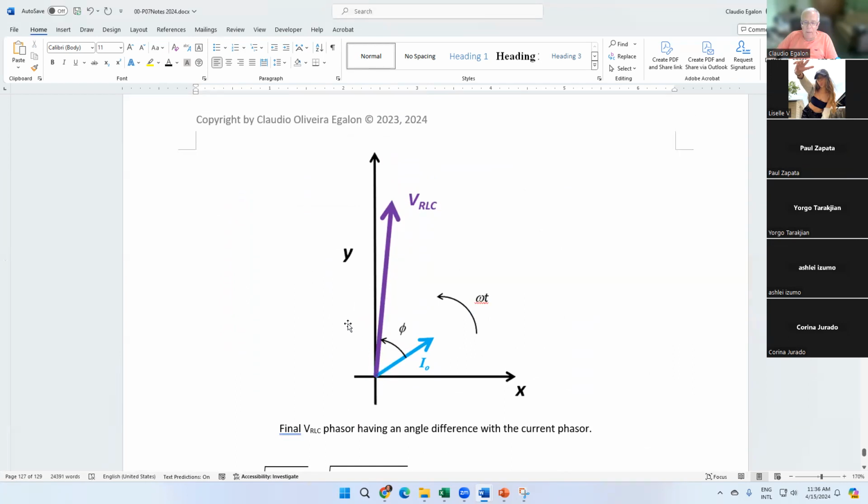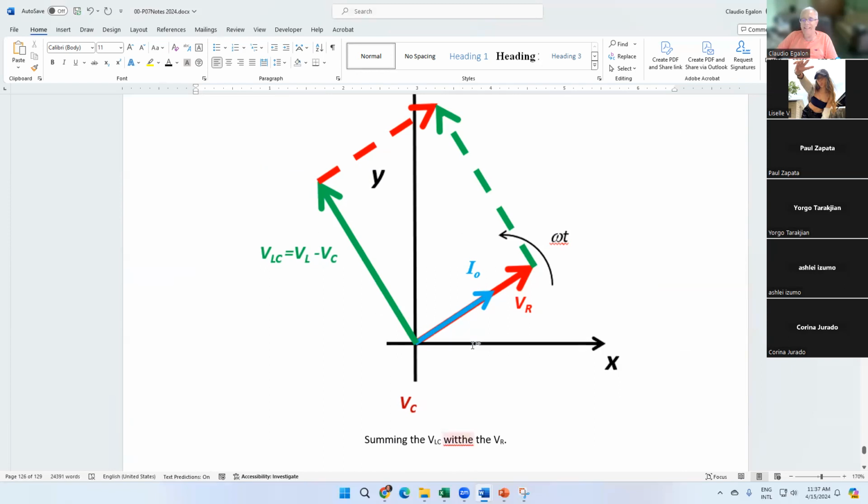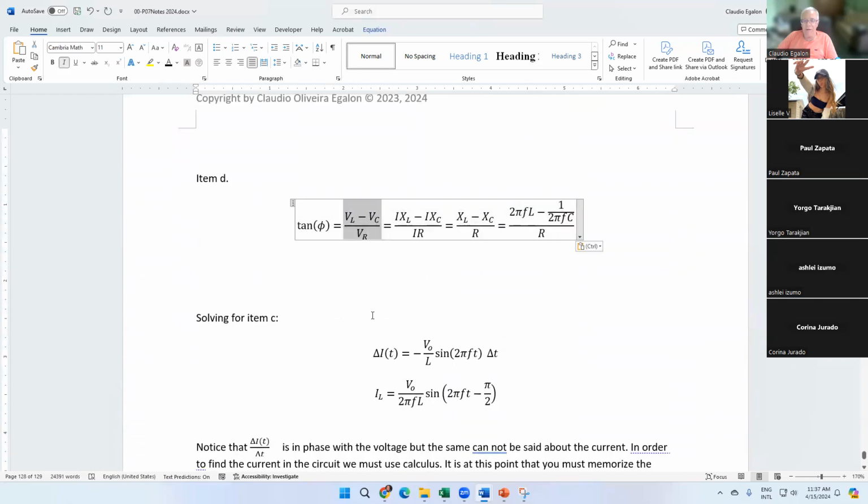We have VL minus VC, that's the resulting phasor. Here is the angle. So this length divided by this length should be the tangent of phi, okay? And that's what I have here.